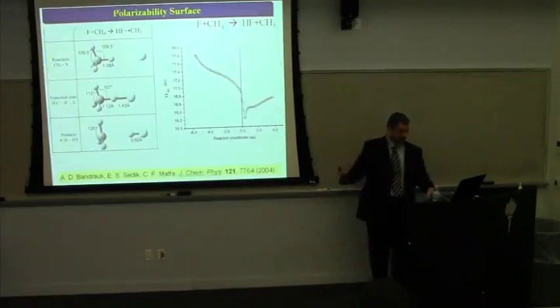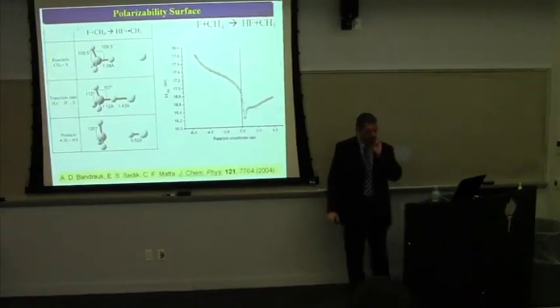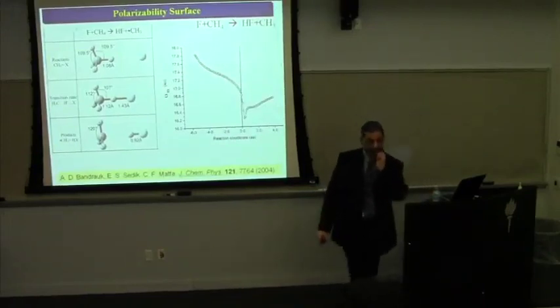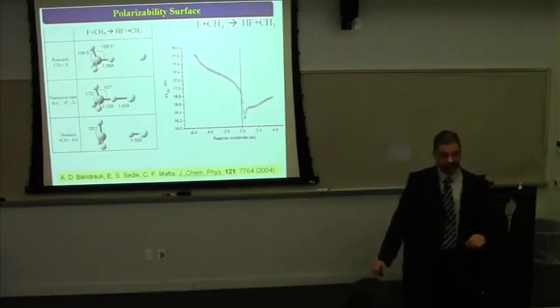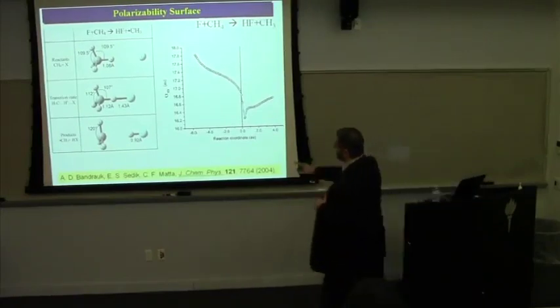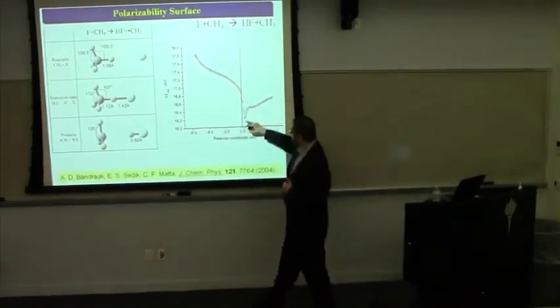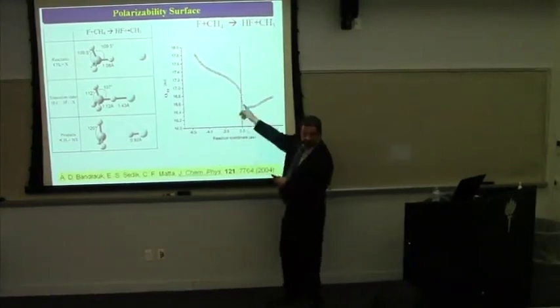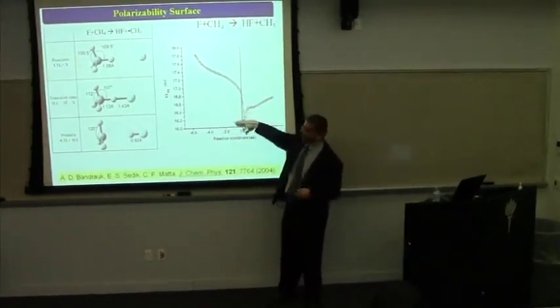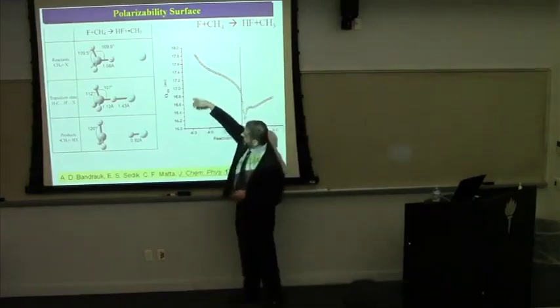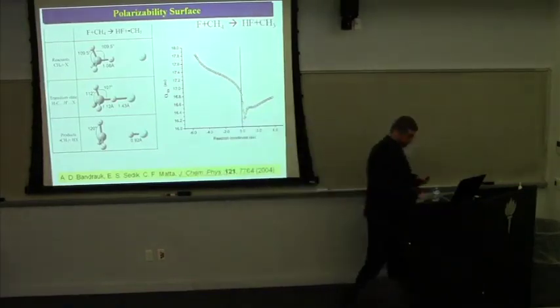Because this is one of the other diagonal elements of the polarizability tensor, the XX or the YY. Look, it's all positive, but it has a small peak here, and look at the magnitude, it is just 1 atomic unit versus 50.